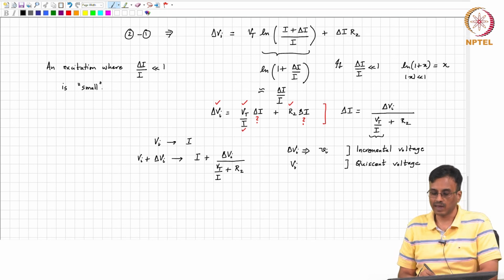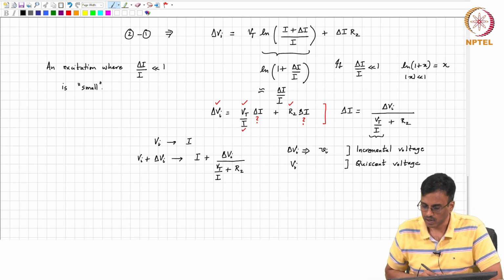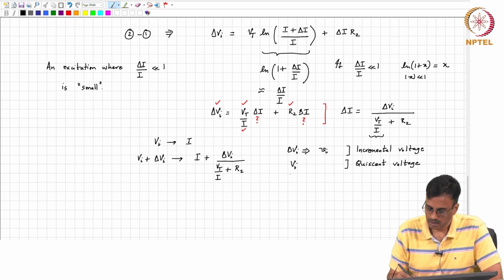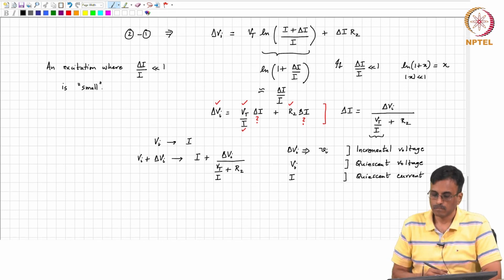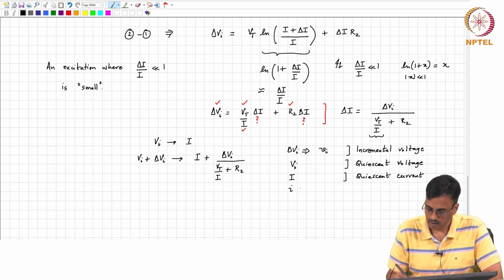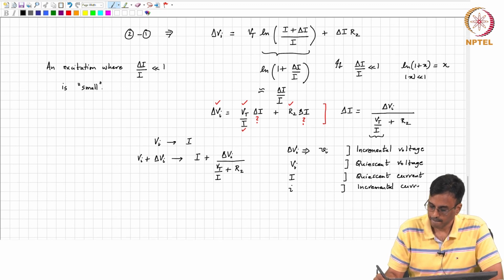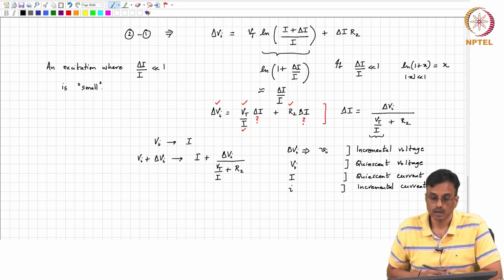In this case, because capital Vi is a voltage, it is called the quiescent voltage, and the capital I is the quiescent current, and the small i is the incremental current. Does that make sense, people?